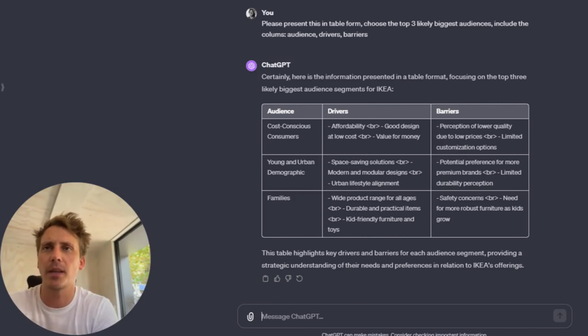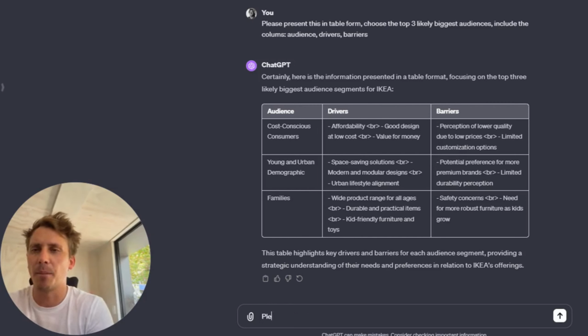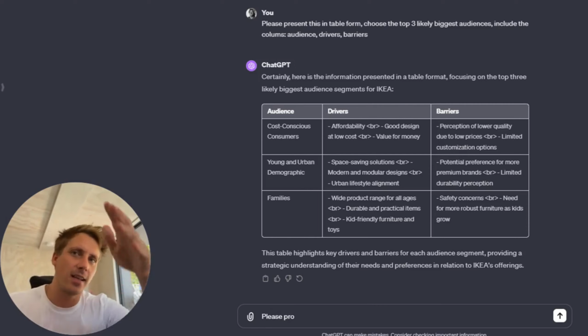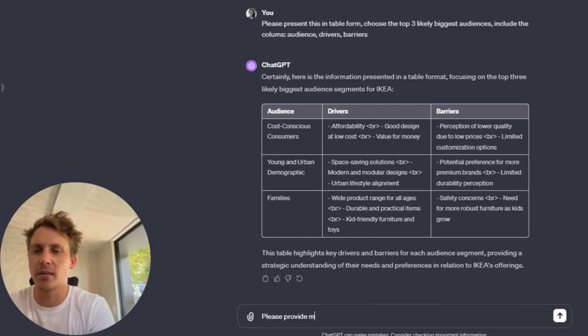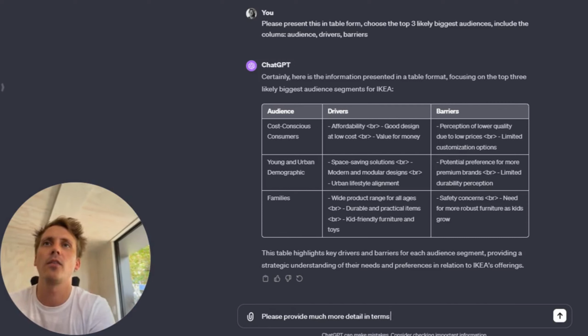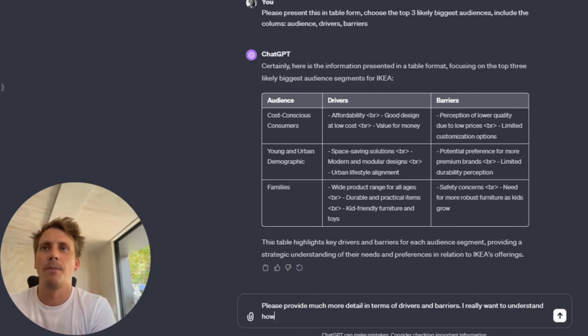So what I would do here is something like, I'd say, please. I say please just in case the AIs take over one day. At least I've been polite. Please provide much more detail in terms of drivers and barriers. I really want to understand how and why these people purchase or don't from IKEA as opposed to other brands.